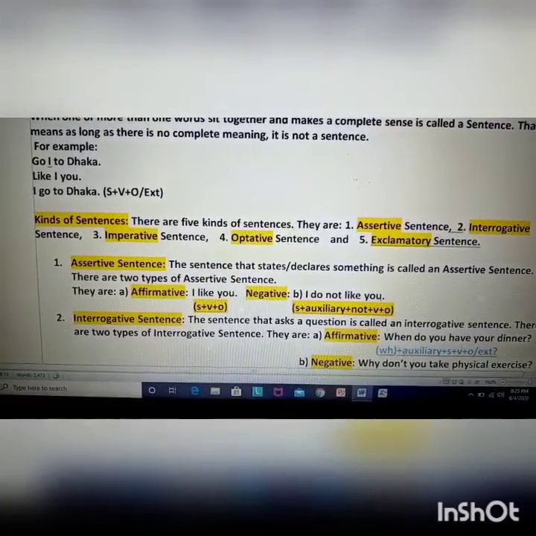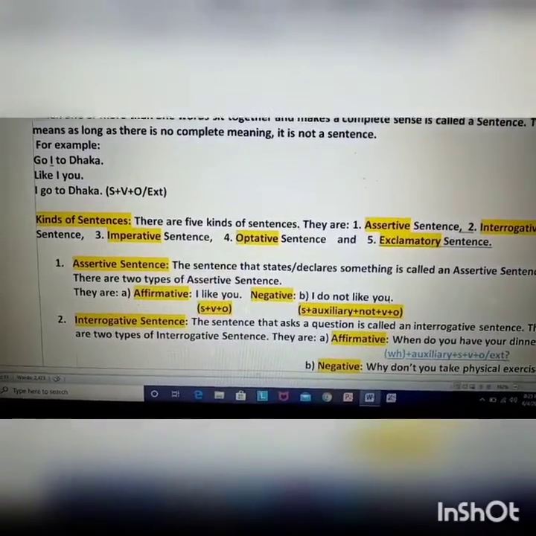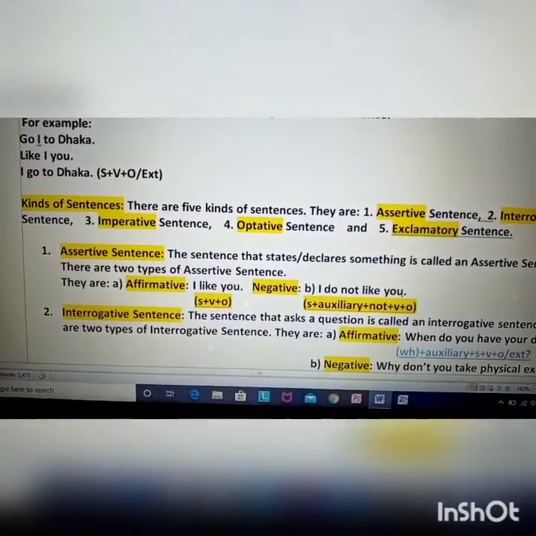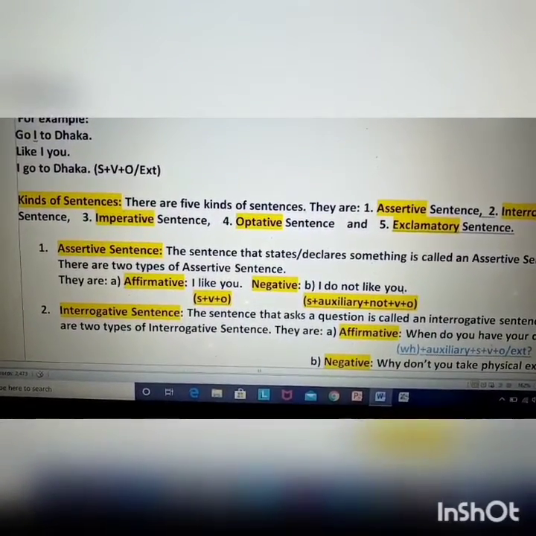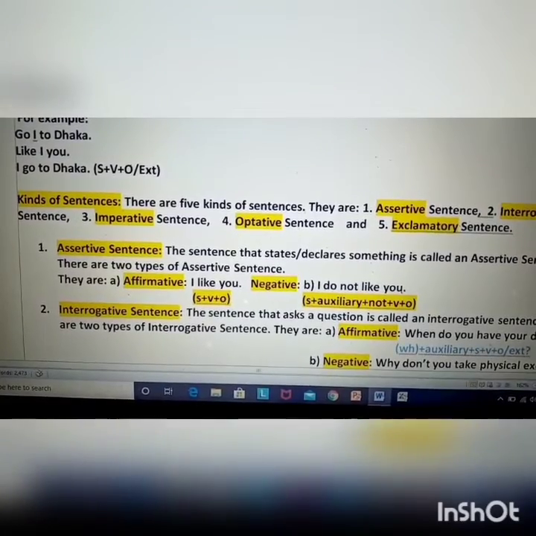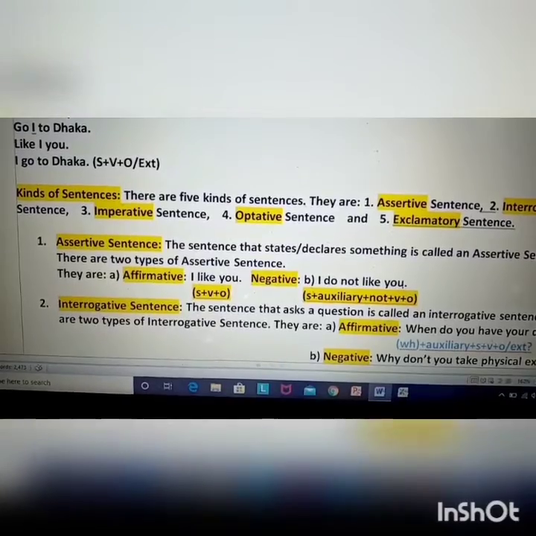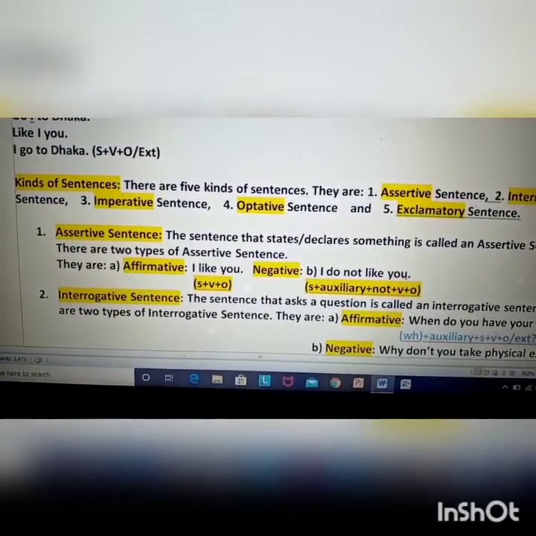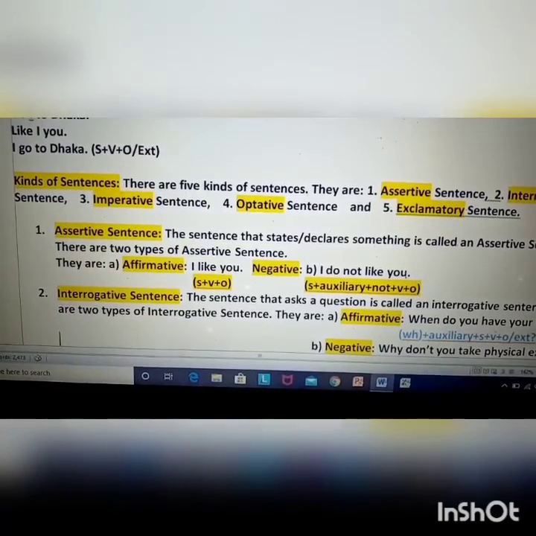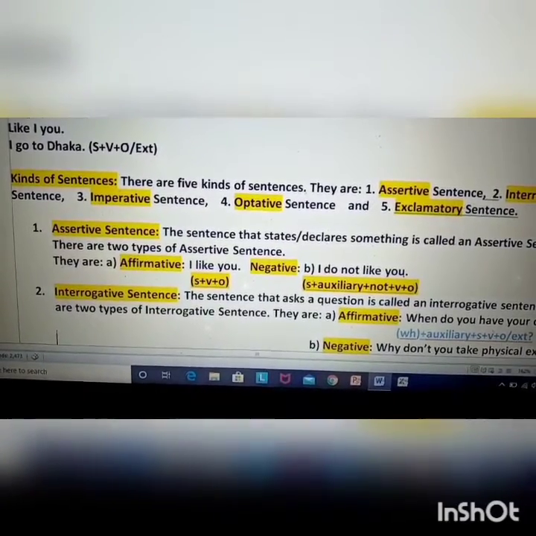For example, we can see "go I to Dhaka." Here in the example, some words are together, but it doesn't make any sense, so it is not a sentence at all. In the next example, "I, you," it is the same thing. It doesn't make any sense.